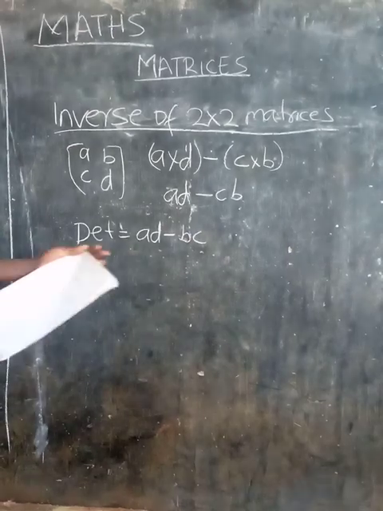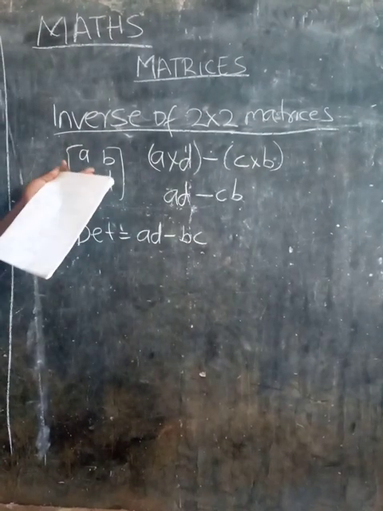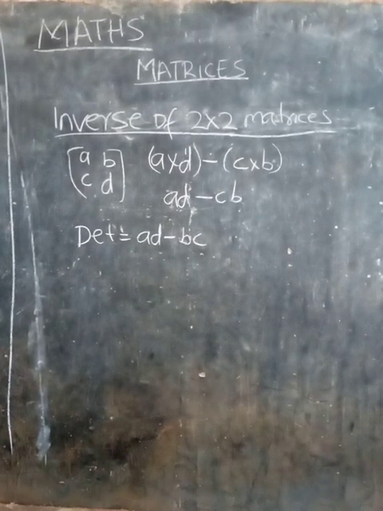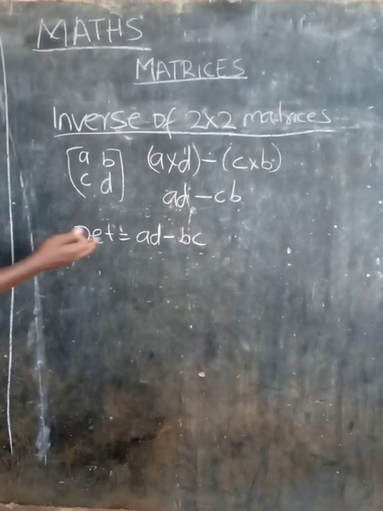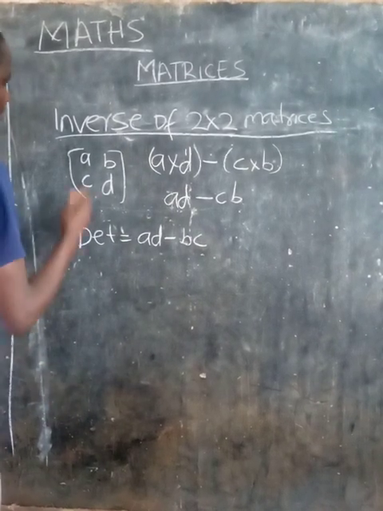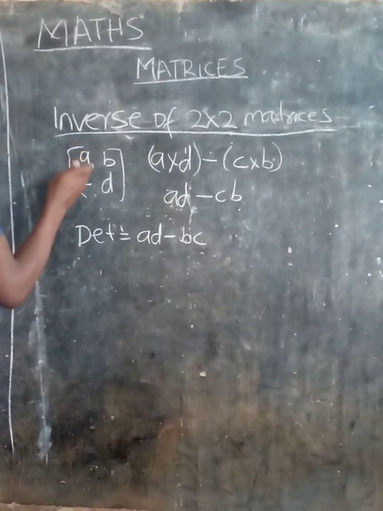So, to find the inverse of this matrix, we take the reciprocal of the determinant times the adjoint.